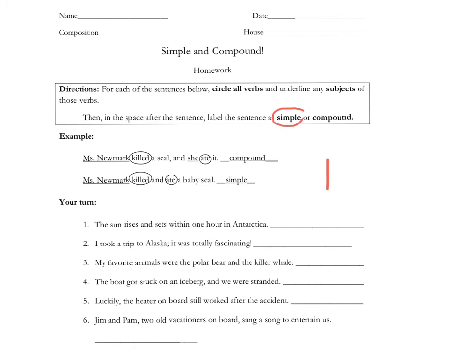A simple sentence will only have one subject and one predicate. A compound sentence will have more than one subject or more than one predicate.